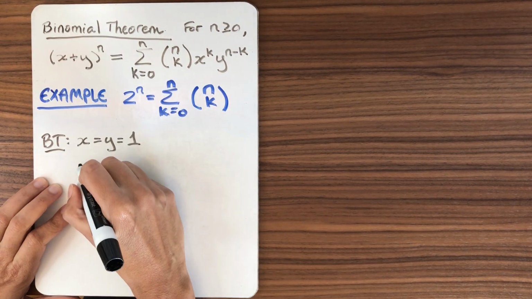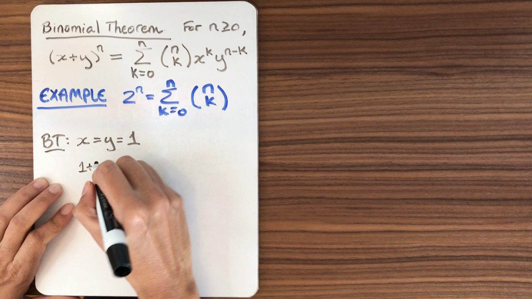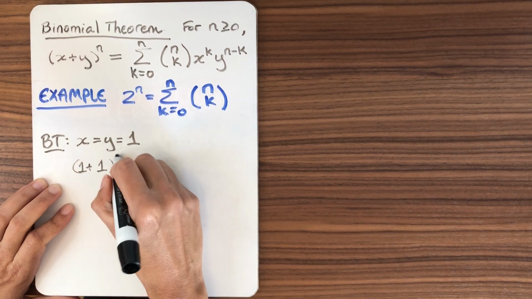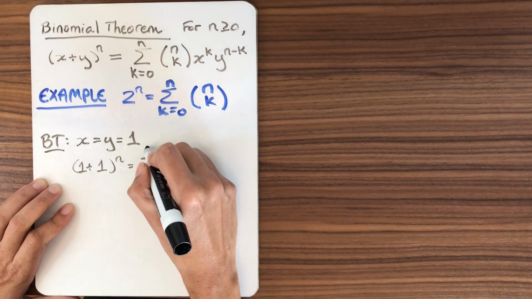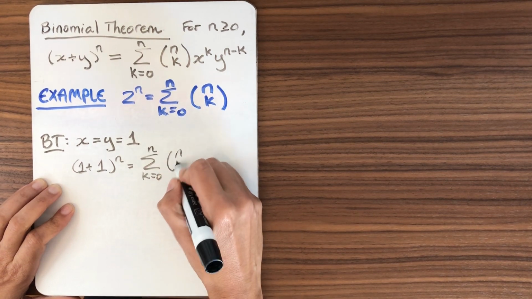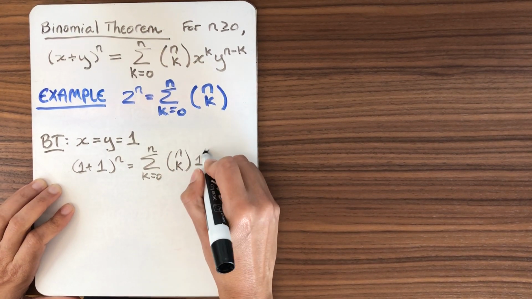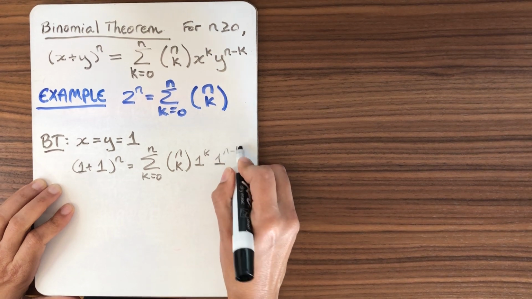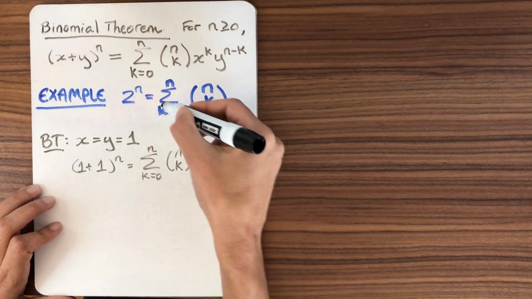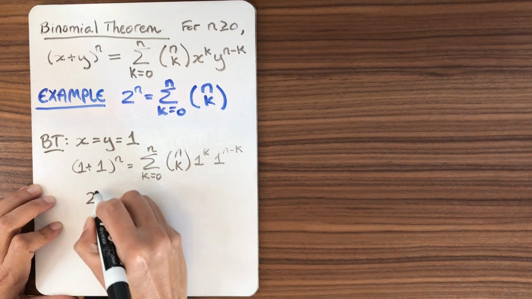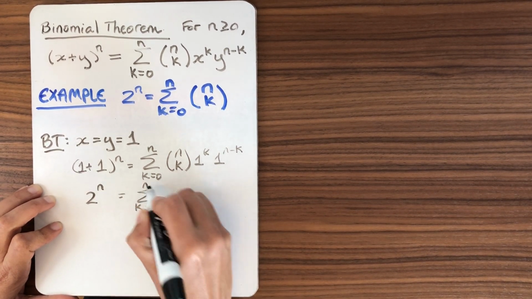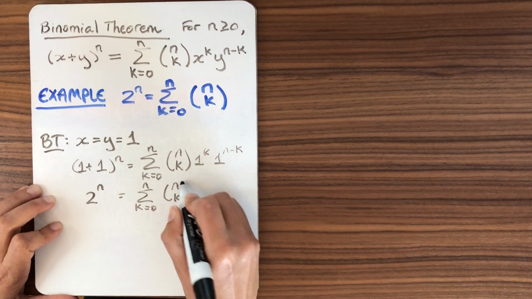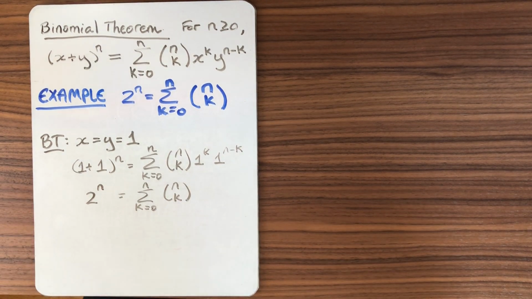On the left-hand side, we get (1 + 1)^n, which is equal to the sum of k = 0 to n of n choose k, 1^k, 1^(n-k). Simplifying this out, we exactly get 2^n is equal to the sum from k = 0 to n of n choose k. That's a rather uninspiring proof, but it's a fairly powerful technique.